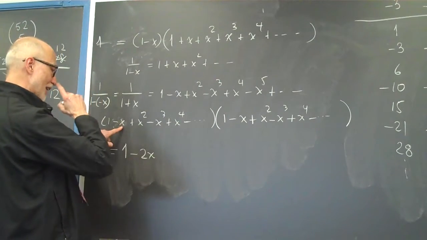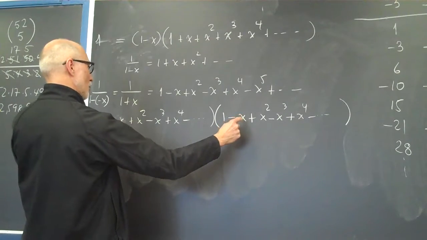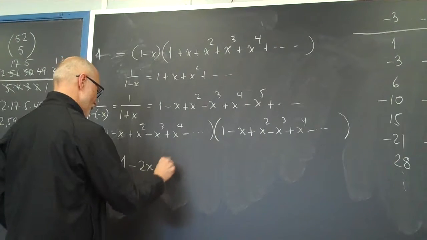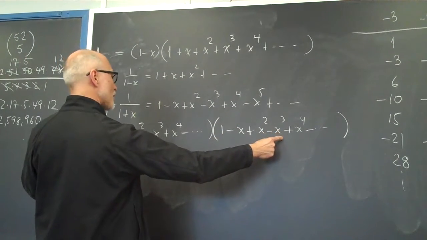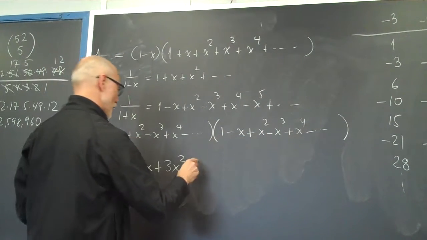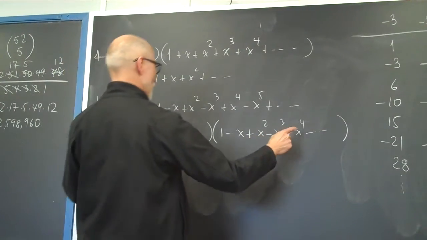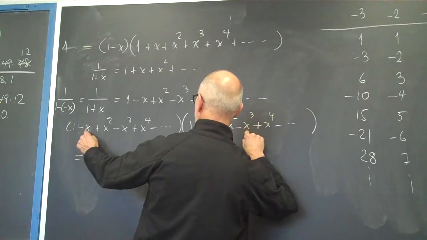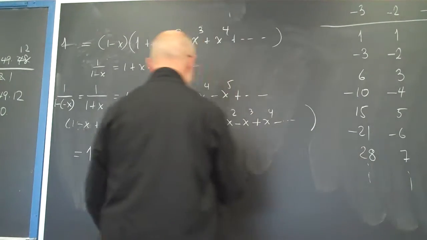For the x squared part, I get 1 plus 1 plus 1, so 3x squared. For the x cubed part, I get minus 1, minus 1, minus 1, minus 1, so minus 4. And for the x to the 4th part, I get 1, 2, 3, 4, 5. I get 5 of them.